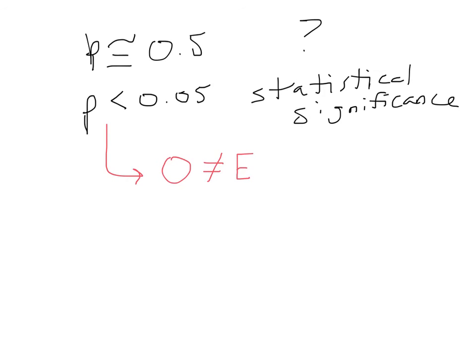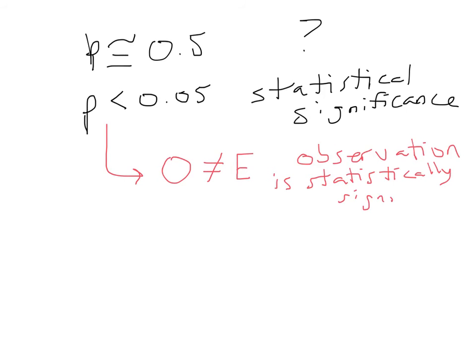The interpretation is that our observations, and this is what you would write if you were a scientist and were writing the conclusion of a statistical test, you would write that the observation is statistically significantly different from the expected values.